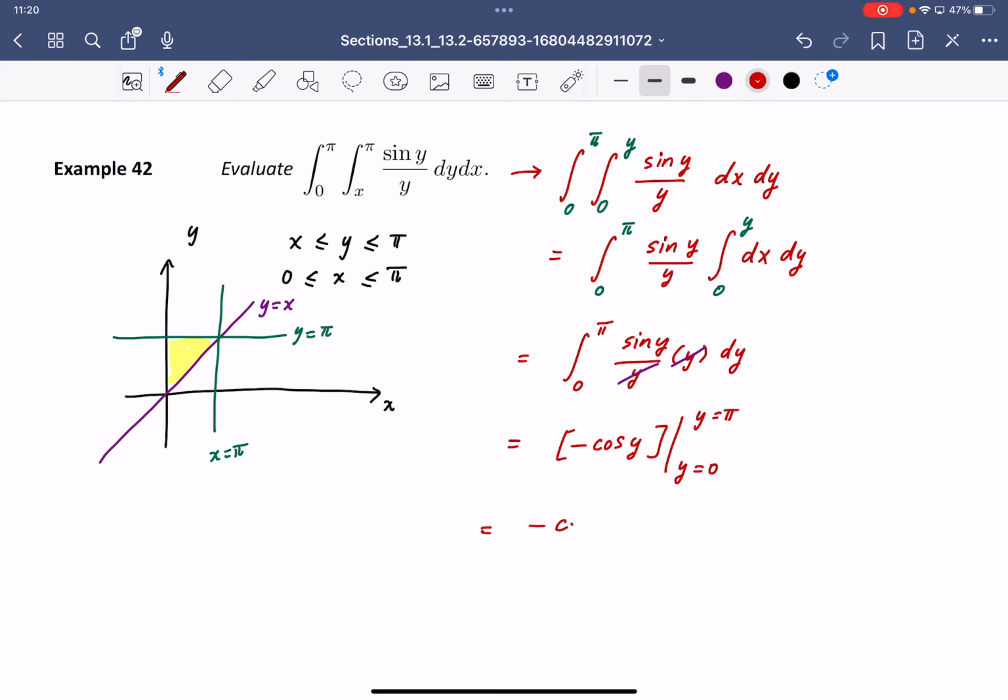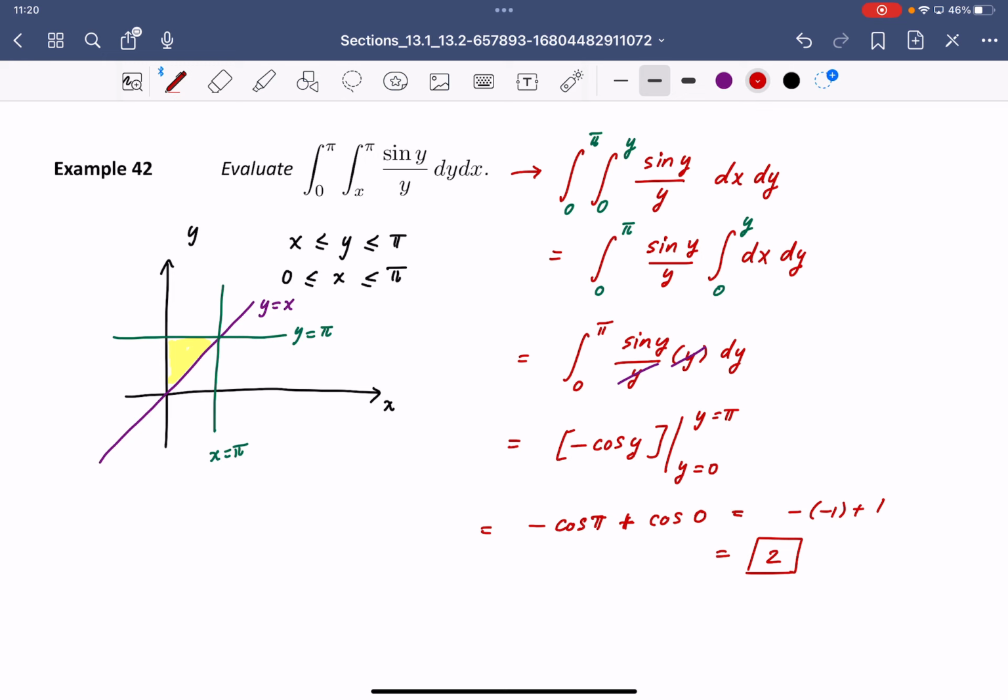That is minus cosine pi plus cosine 0. Cosine pi is what? Cosine pi is negative 1, and cosine 0 is 1. So it's 2. Okay, and that is the answer for this question.